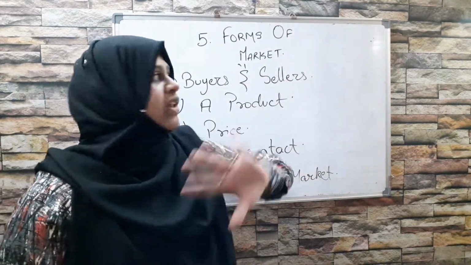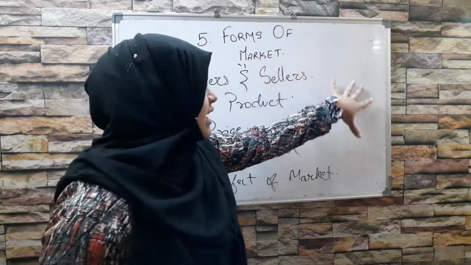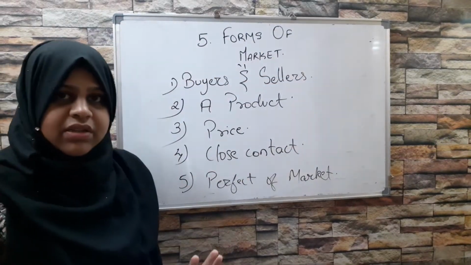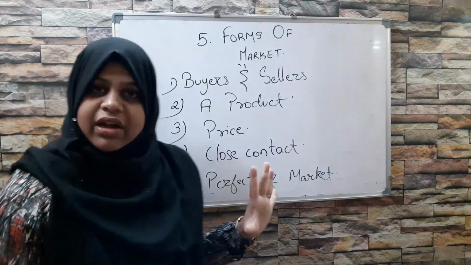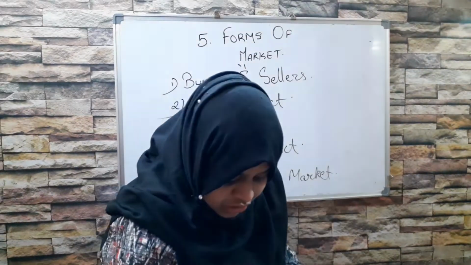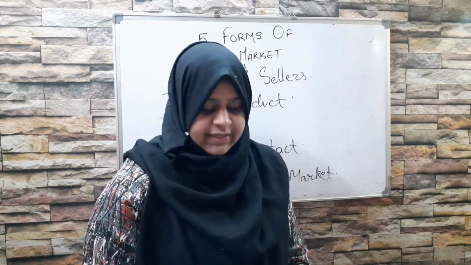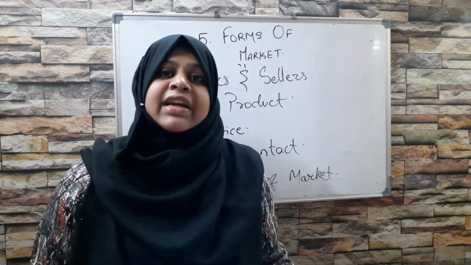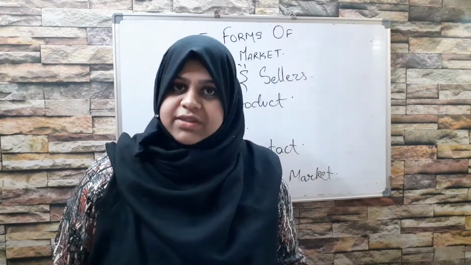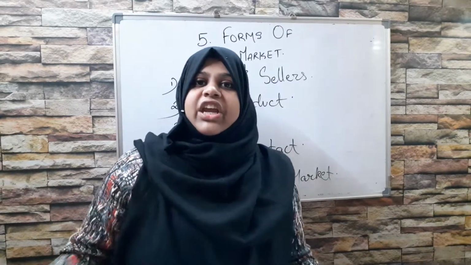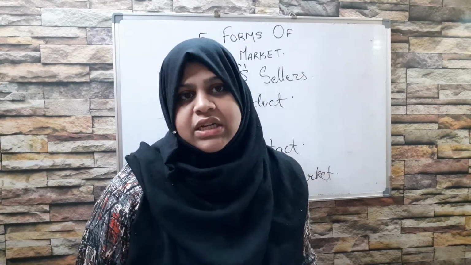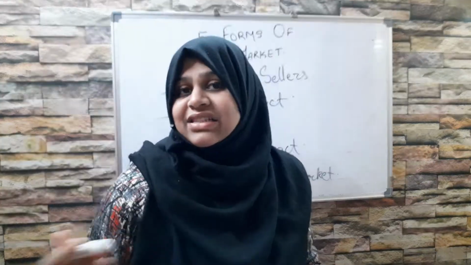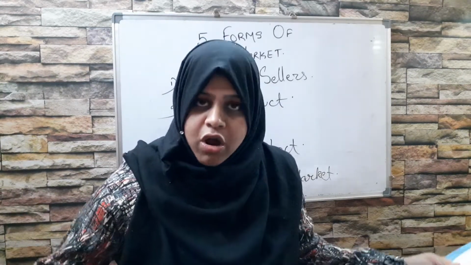So in order that a market exists, these are the requirements. I hope you have understood so far. We are on page number 46, right? Next important thing that is given to you in the textbook is the classification of market. Market is classified on the basis of what?